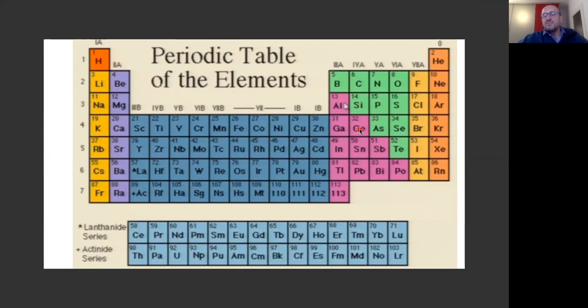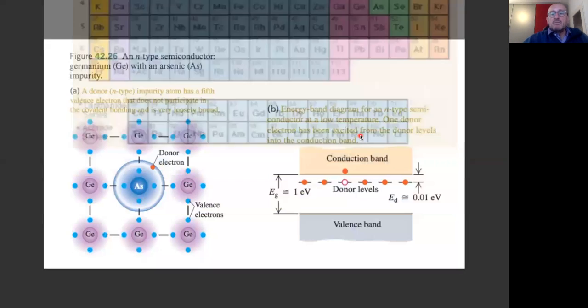So if I have a big crystal of germanium and I put inside an arsenic atom, essentially from the outside, it will be like putting a germanium atom plus one electron. And that is very significant because that electron in this germanium crystal will have to go into the conduction band if it is excited. You have one electron that is, well, not missing.